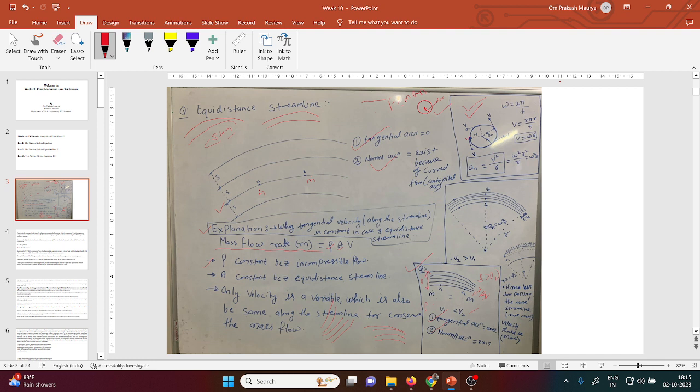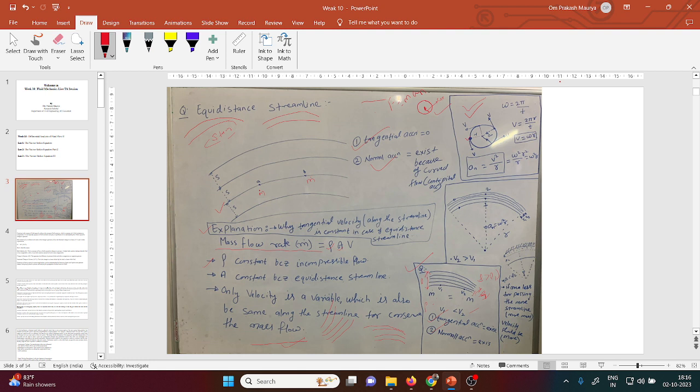So in this case both tangential as well as normal acceleration will exist. If the streamline is straight and the velocity is changing, then there will be only tangential acceleration. There is no concept of normal acceleration in the case of a straight streamline.